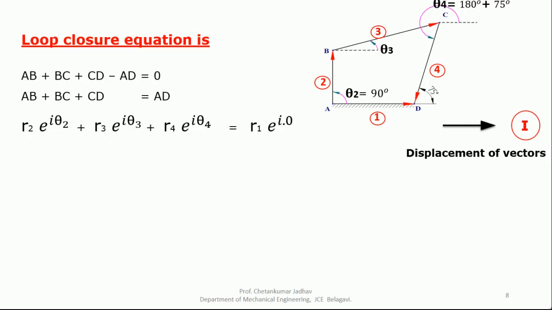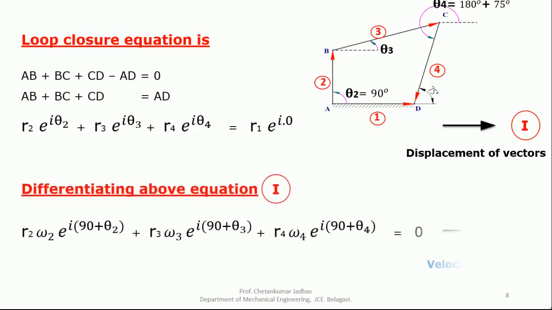Also, we can write these vectors as R2 e to the power i theta 2 plus R3 e to the power i theta 3 plus R4 e to the power i theta 4 is equal to R1 e to the power i0. We'll represent this as equation 1.